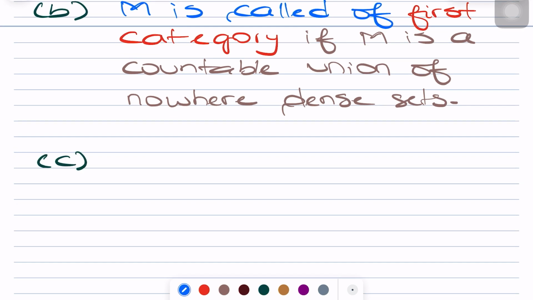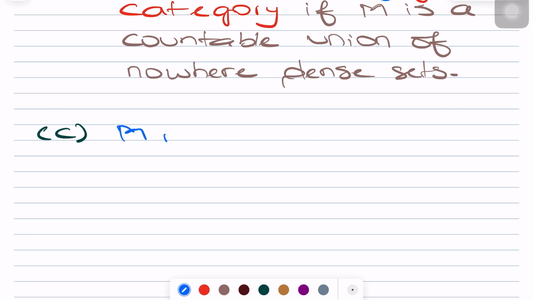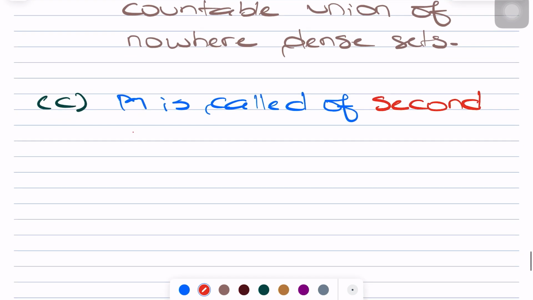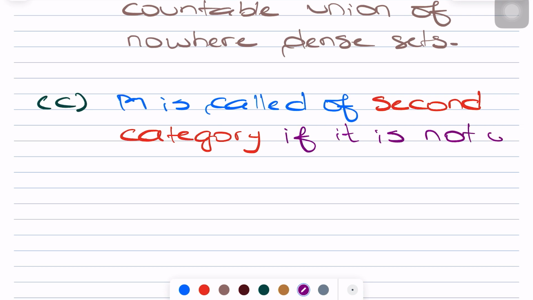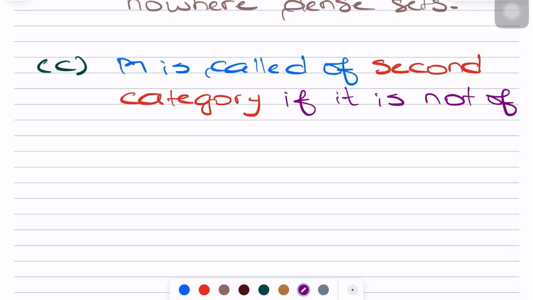M is called of second category if it is not of first category. So very easy.